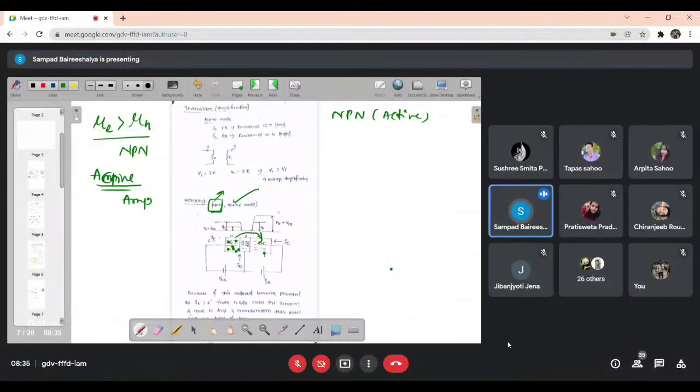So maximum I can treat as 1, and minimum is 0. So maximum is 1. In terms of percentage it will be 100%, and 0%. So if you talk about the fraction, this will be 1. Okay, and ideally it will be 1, but never it will be 1. That will be less than 1, means more towards 1. Yes or no? Yes, sir.